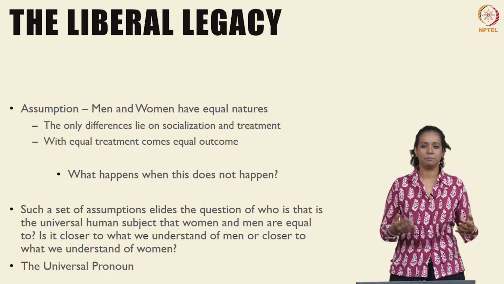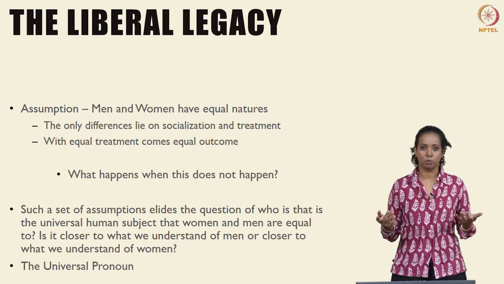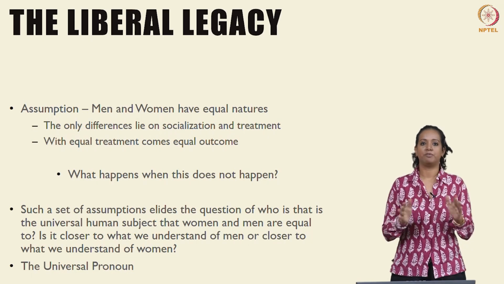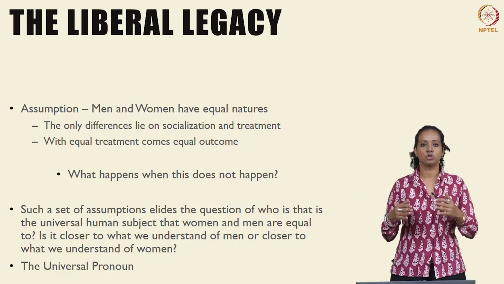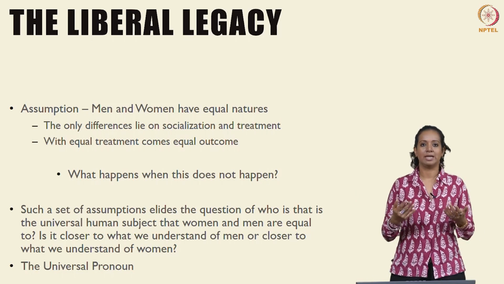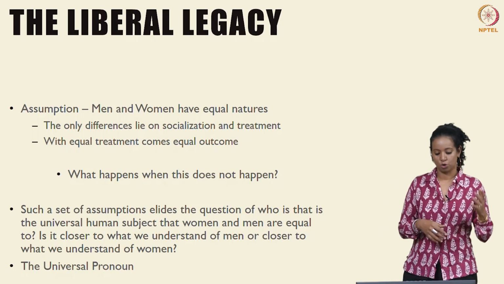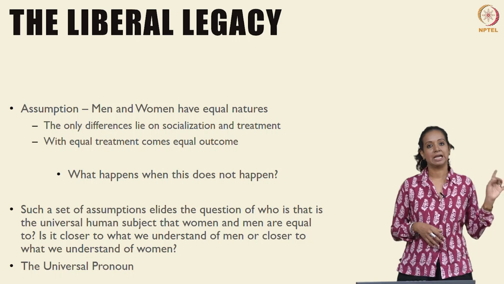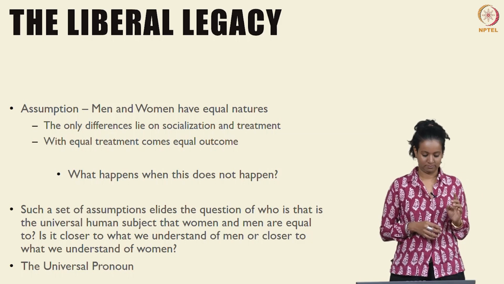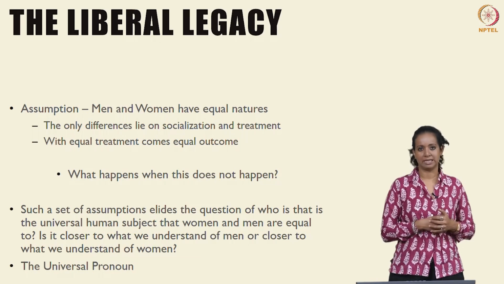Of course, they are the same. They are just socialized differently, to behave differently, to live in the world differently. And therefore, if we cancel those out, then each of their lives will begin to look the same, and this is the way in which feminism can achieve its goals. Therefore, the assumption also follows with this idea that with equal treatment comes equal outcome. I want you to pause to think about why this has not been the case.